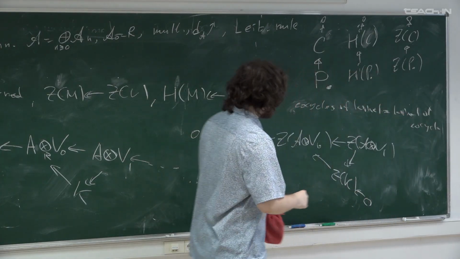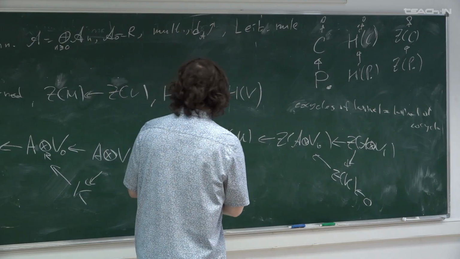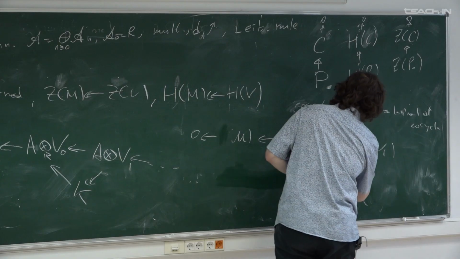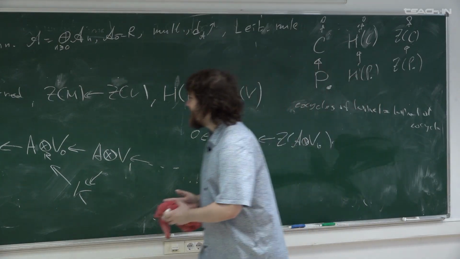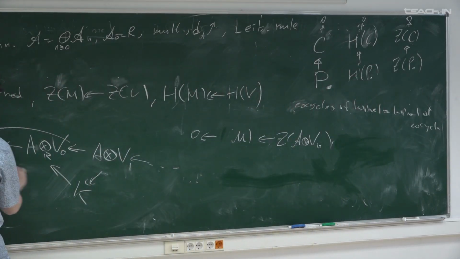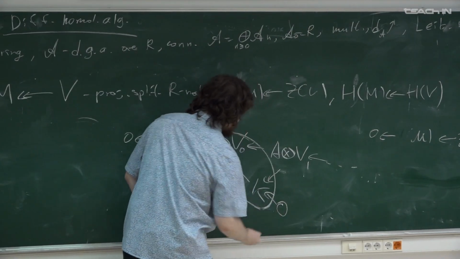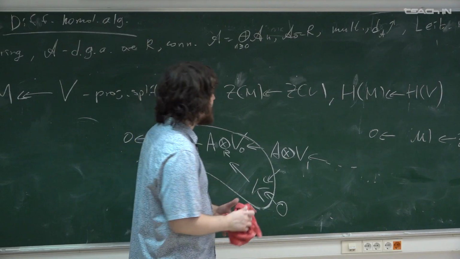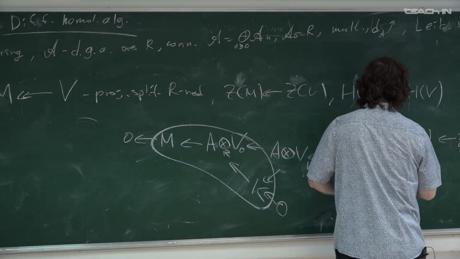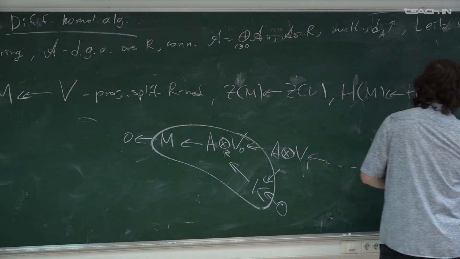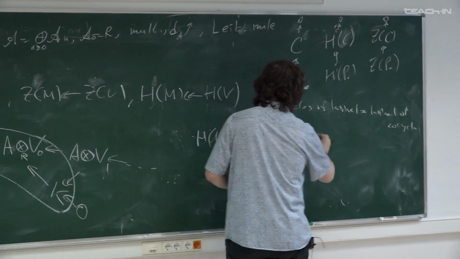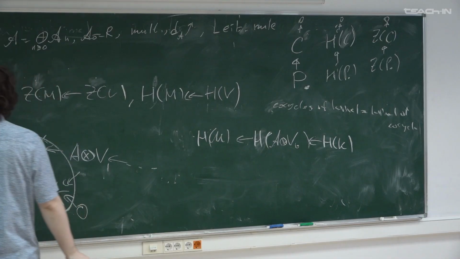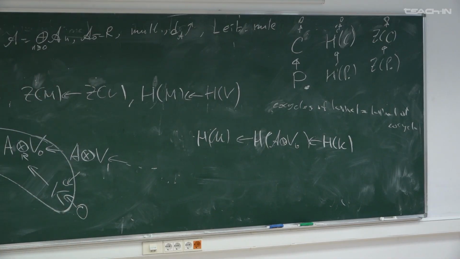More or less this. But what do I have on homology? On homology, I have this short exact sequence of cochain complexes, for example, so I obtain a long exact sequence on homology. I have HM, HK, but I know that this map is an epimorphism on cocycles.